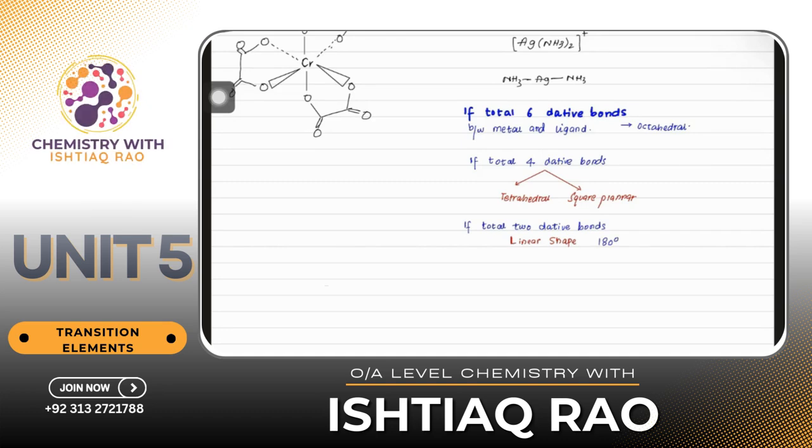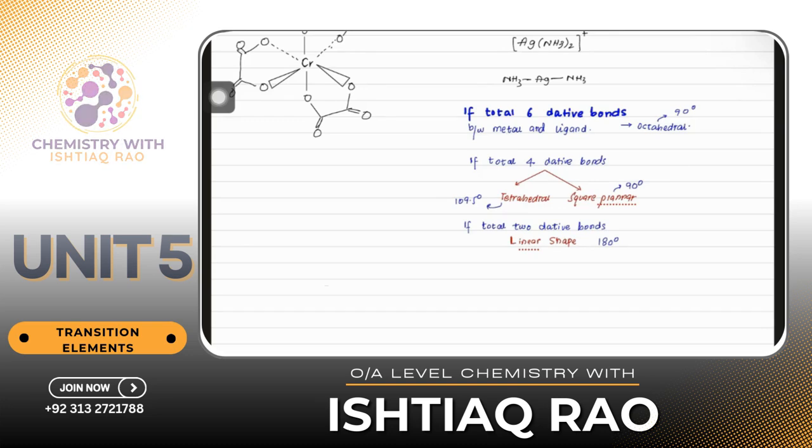In a square planar, the bond angle is 90 degrees. In tetrahedral, the bond angle is 109.5 degrees. And in octahedral, again, the bond angle is 90 degrees. Okay, simple. So this is an overall summary of the geometry of complexes.